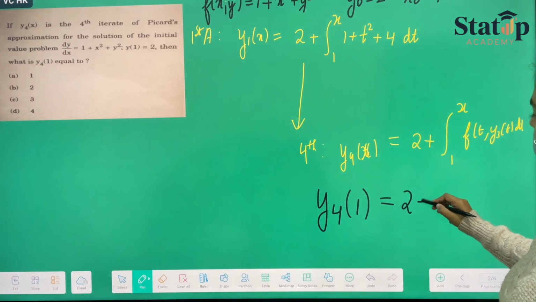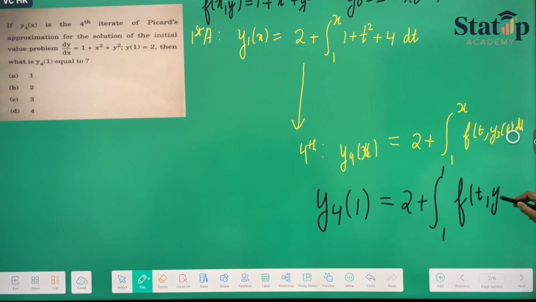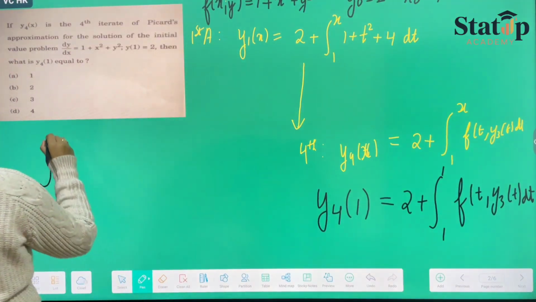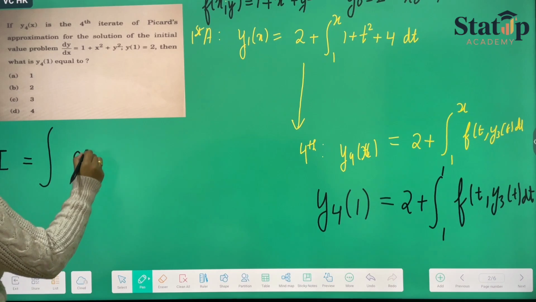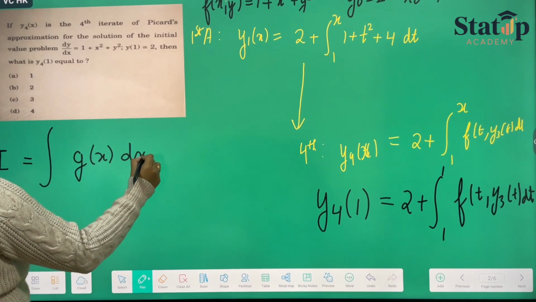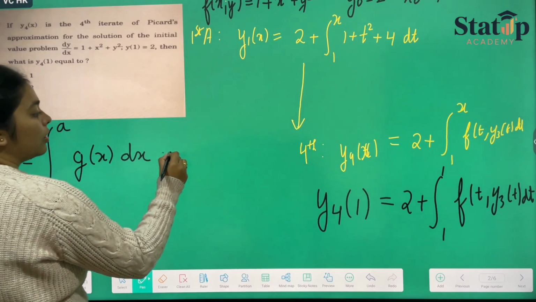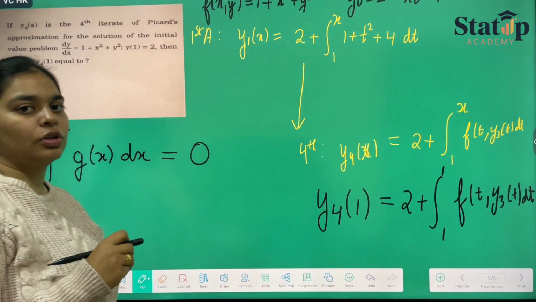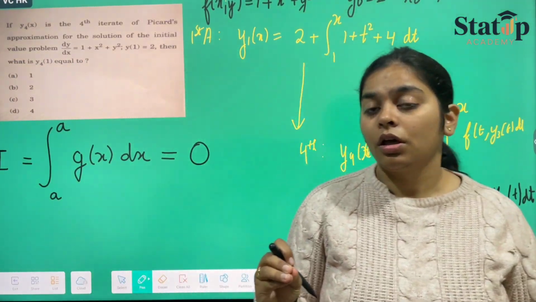So if we put the final limits, 1 to 1, f(t, y3(t)) dt, then we all know that if I have a function g(x) and I am integrating from a to a, the limits are a to a, then its answer is always equal to 0 when the limits are the same, because integration cannot attempt a point estimation.